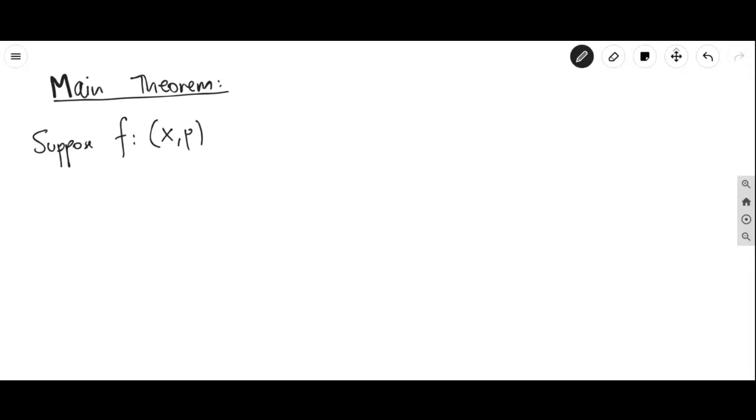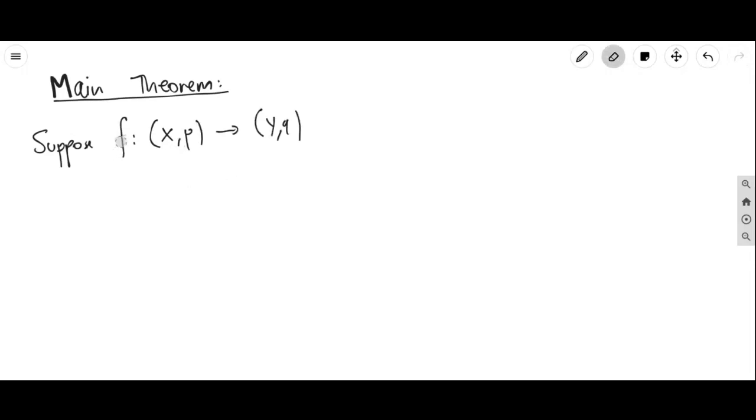And that brings us to our main theorem. So this is the main theorem that we want to do. It says that suppose f from x to y, maybe just to indicate, let's say (x, p) to (y, q).